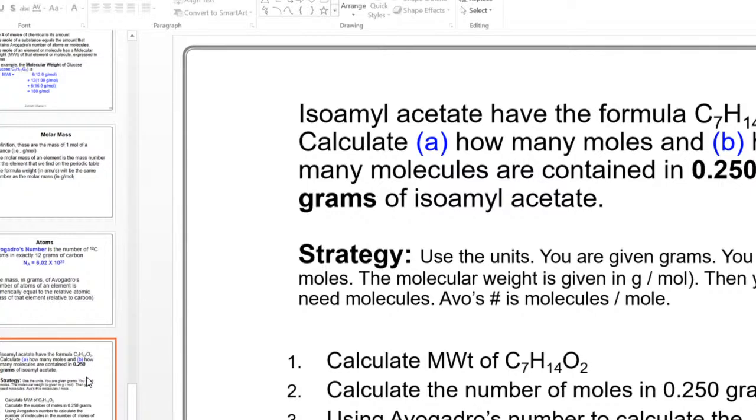Carbon is 12, multiplied by the number of carbon atoms, plus hydrogen, there are 14, multiplied by 1.01, plus oxygen, there are 2 atoms, multiplied by 16. The total sum gives you the molecular weight.